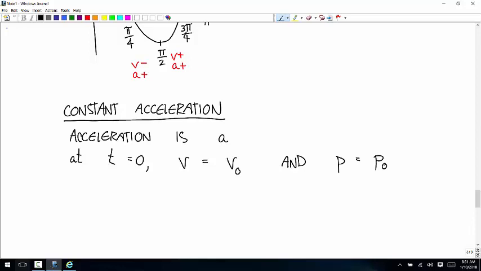And just from the fact that acceleration is a, and given these constants of integration, we're going to derive functions for the velocity and the position.